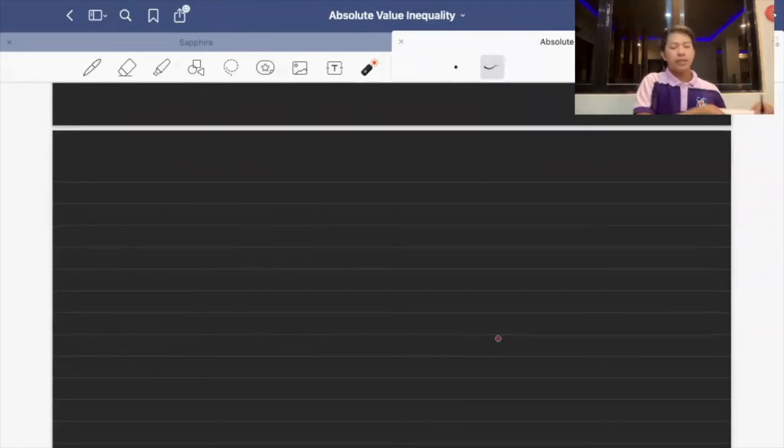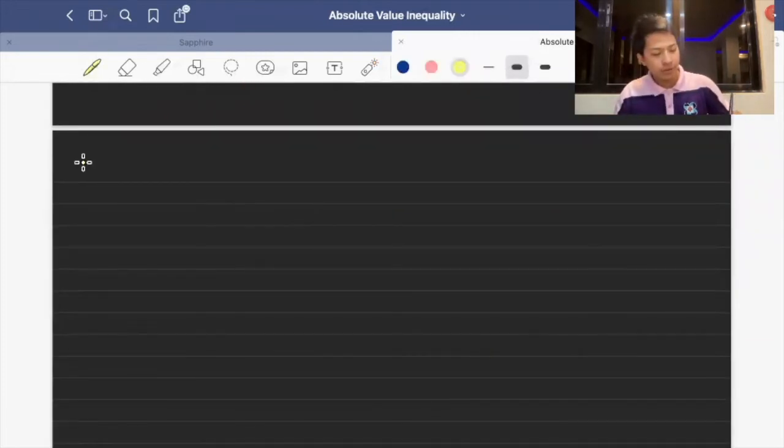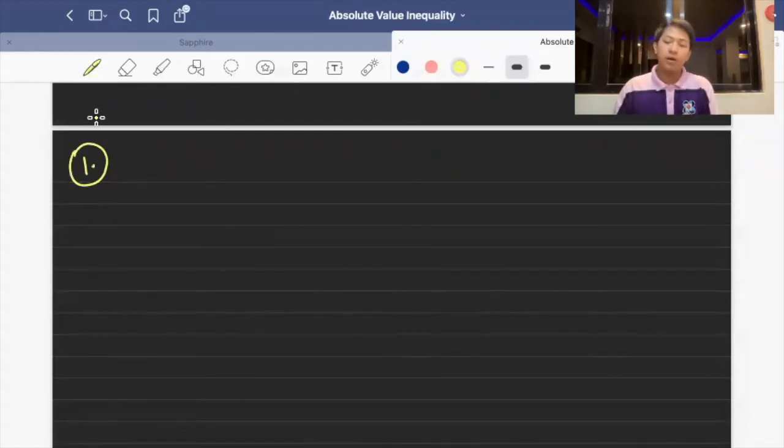All right. Let's have example number 1. For this particular example, you are going to solve the absolute value inequality and express the solution in interval notation and graph.